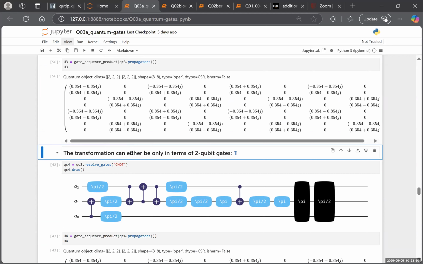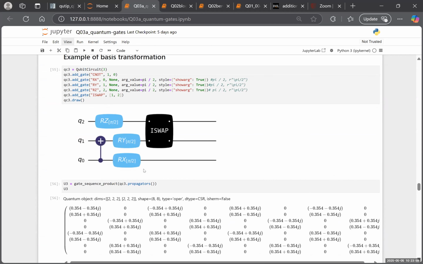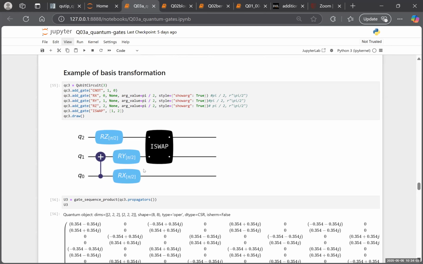The transformation can either be only in the 2-qubit gate. Yeah, I mean, I don't see, the example is really just a circuit and it says basis transformation. So I don't see that connection. I mean, any unitary is a basis transformation.